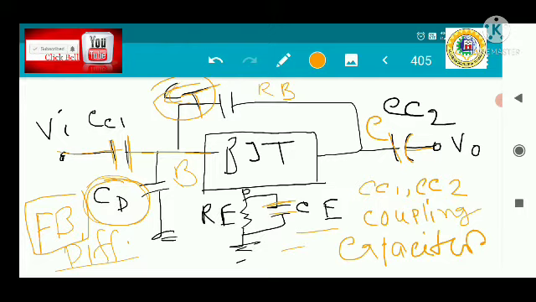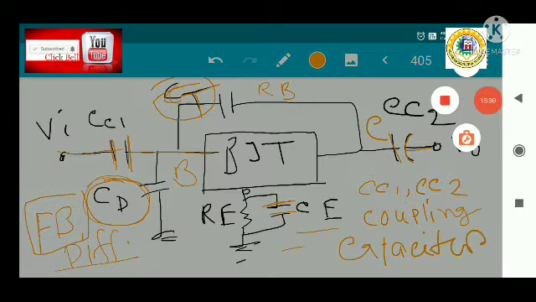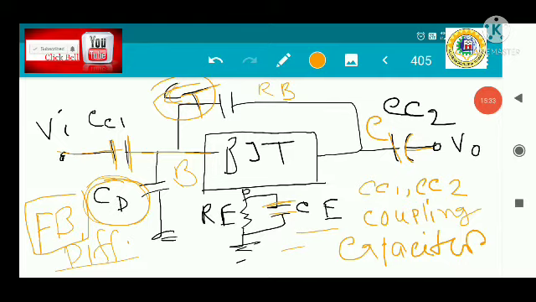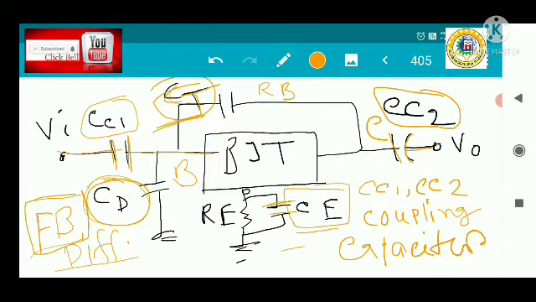So I am again repeating, your base and emitter junction is forward biased. Whenever the diode is in forward bias, a capacitance exists, called the forward bias diffusion capacitance, and whenever the diode is subjected to reverse bias, a capacitance exists, called the transition capacitance or the junction capacitance, represented by CT. CC1, CC2 and CE are the external capacitances.